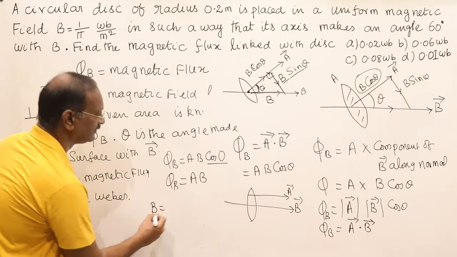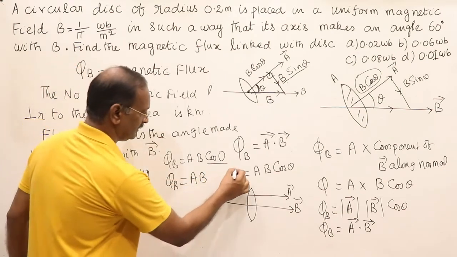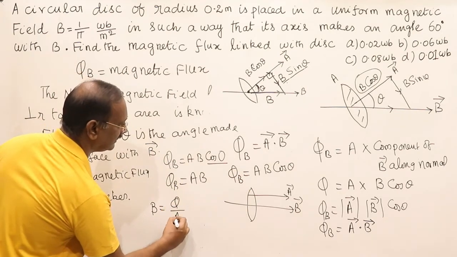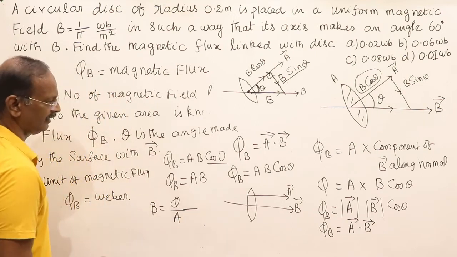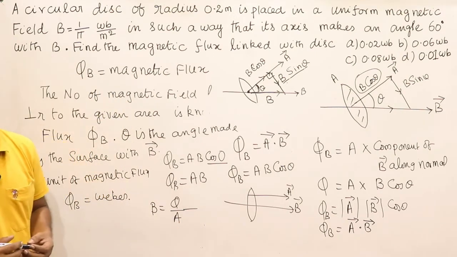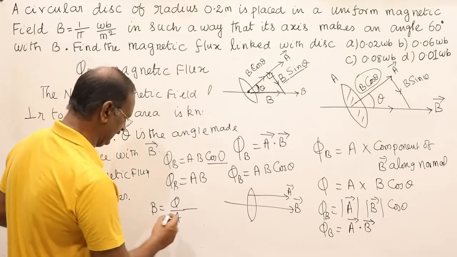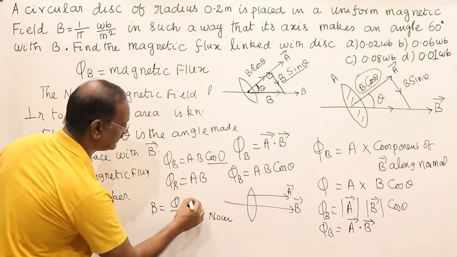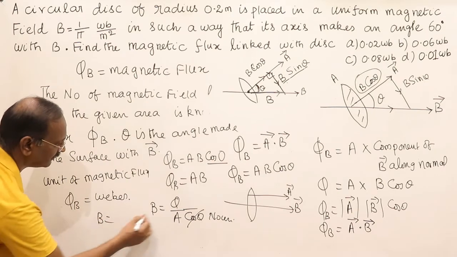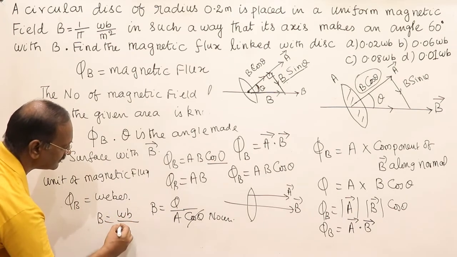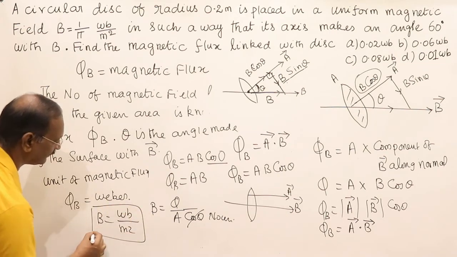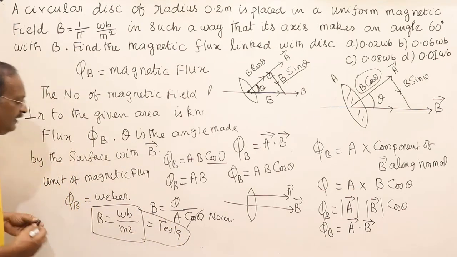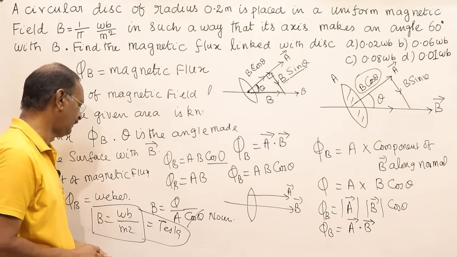From here, B is equal to flux divided by area into cos theta. This has got no unit. Therefore, B is equal to flux in Weber, area in meter square. This is called Tesla. So magnetic field can also be given as Weber per meter square.